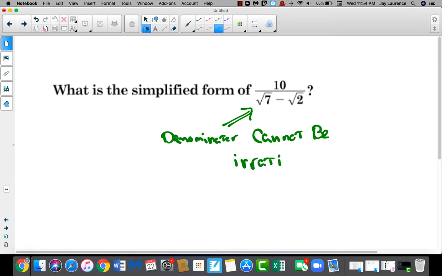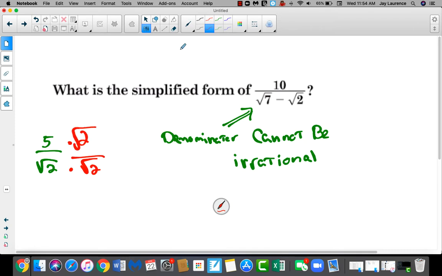It's not allowed. It's not simplified. So if you gave me 5 over the square root of 2, I would not accept that as a simplified answer. I would multiply it by the square root of 2 over the square root of 2 because this is really 1 in disguise, right? And so I would get 5 rad 2 over 2, and there we go.